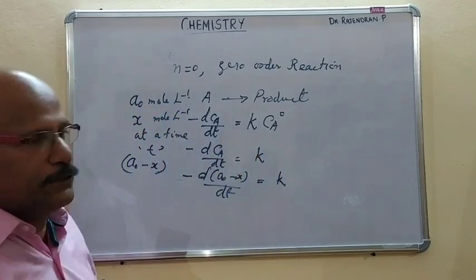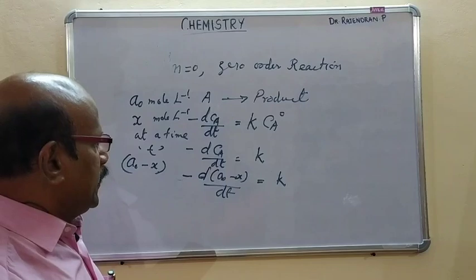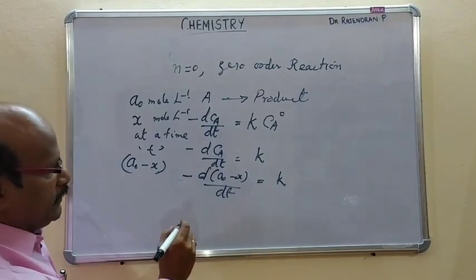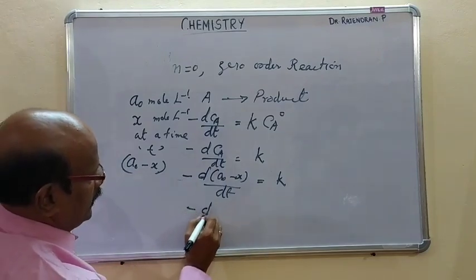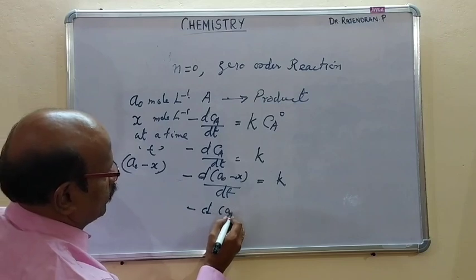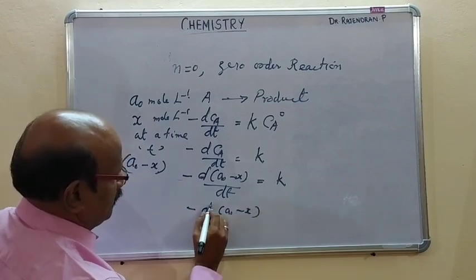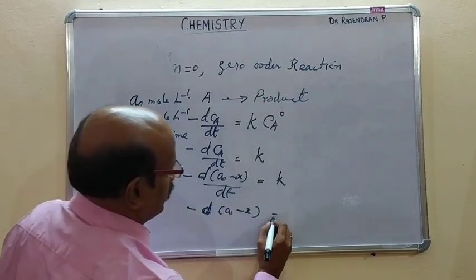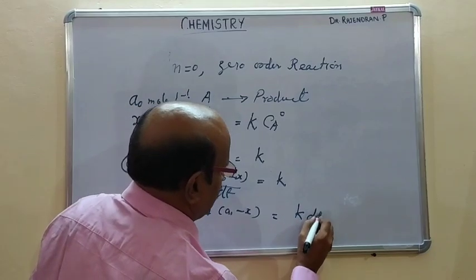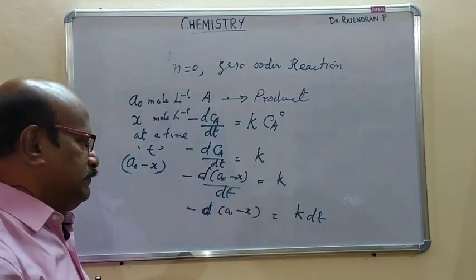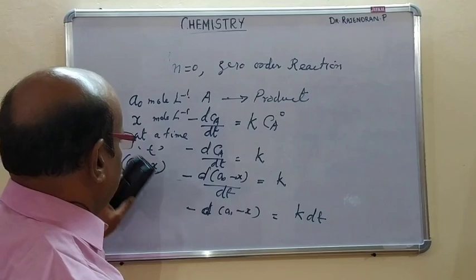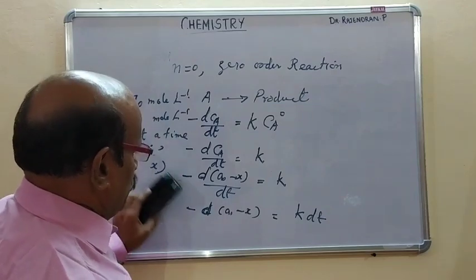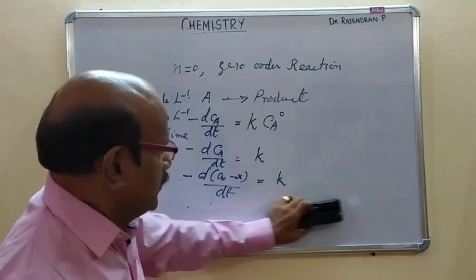Now rearranging the equation, minus d(A0 minus x) is equal to k into dt.